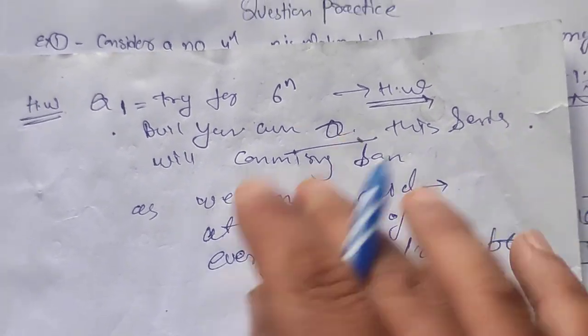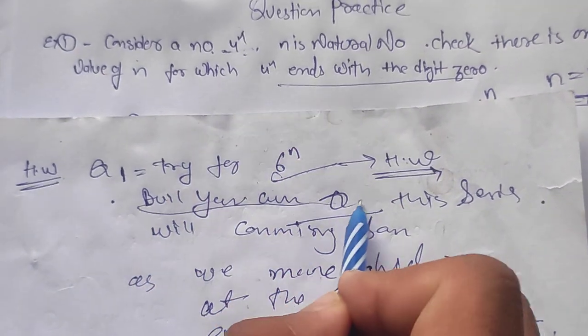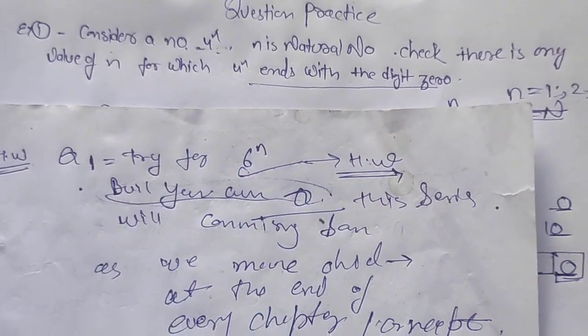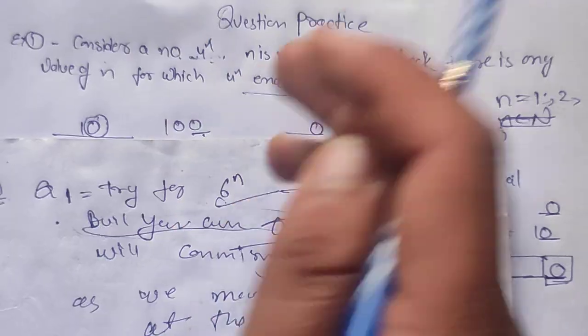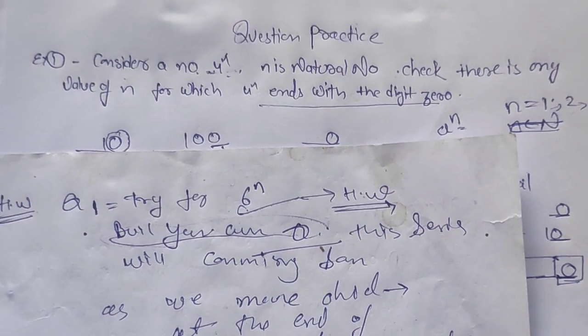The main part is this: if you understand this concept, you can build your own question. For this question, if you understand it, can you think of a new question and generate it? If you generate it, that's a good point, and solve it.